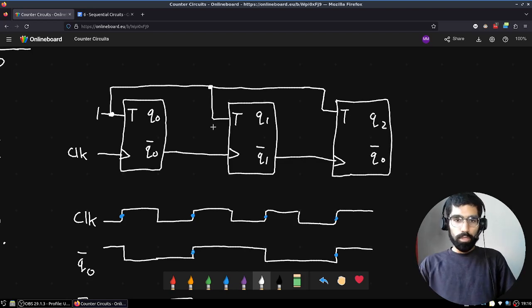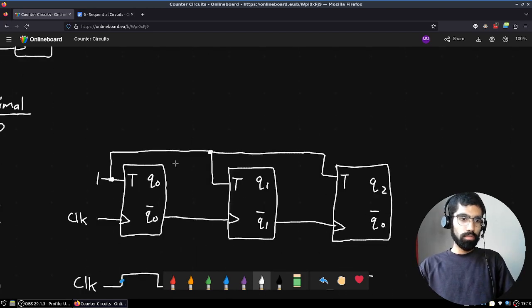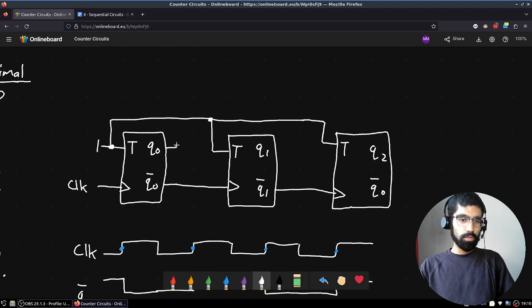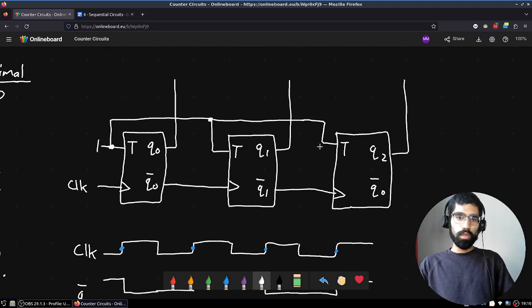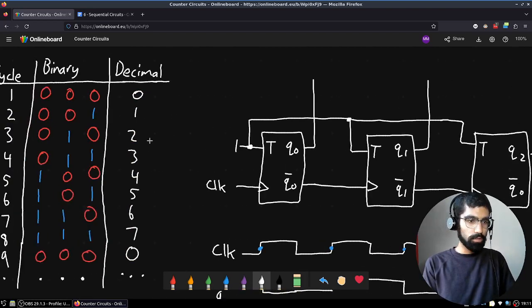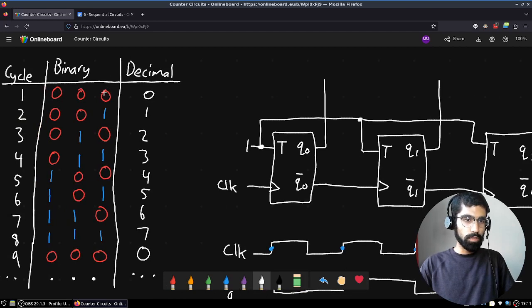Finally, just note that you can read out these values. So you can read Q0 and Q1 and Q2 if you read them in reverse, because this is Q0. It's on the left here, on the right here, so just flip that around.